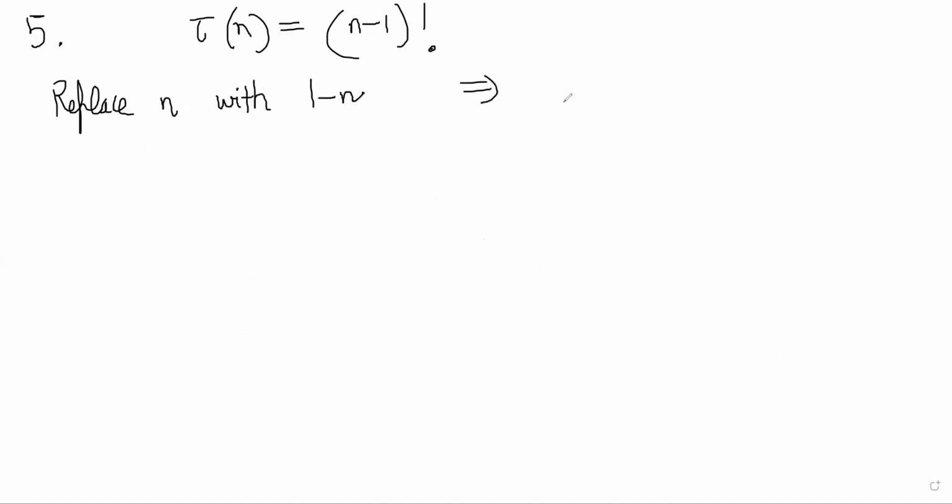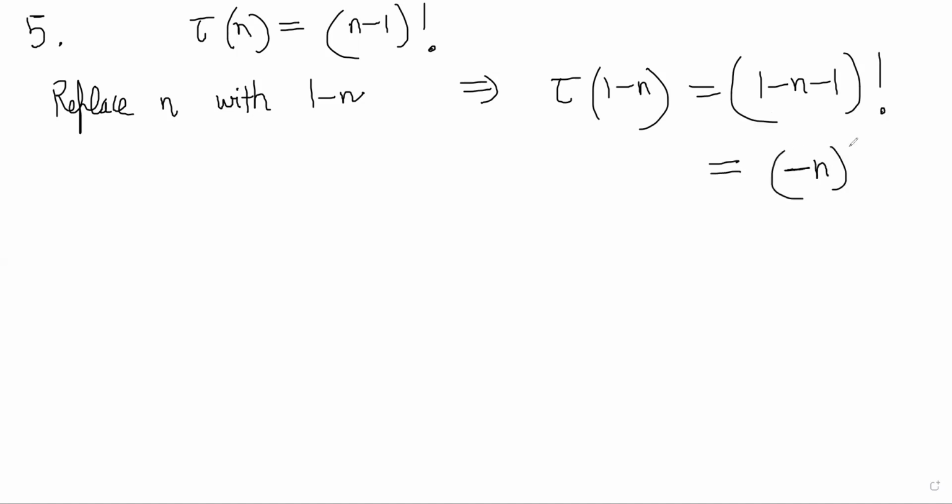So our equation was gamma of n is n minus 1 factorial. And let's replace n with 1 minus n here, right? So that becomes gamma of 1 minus n is 1 minus n minus 1 whole factorial. So that is basically minus n factorial, right? Gamma of 1 minus n is equal to minus n factorial is coming, right?